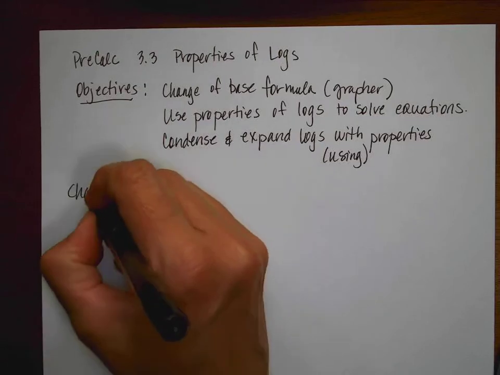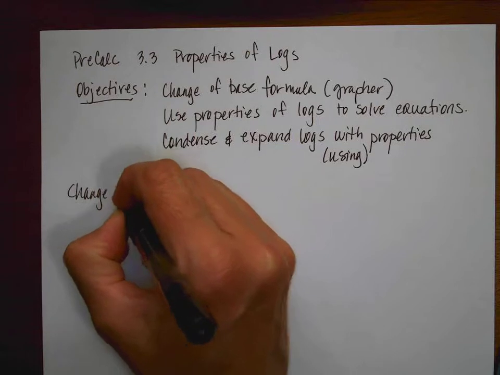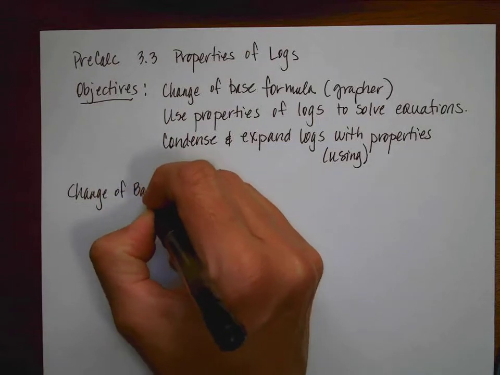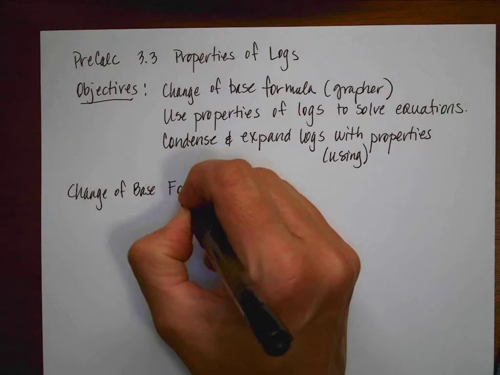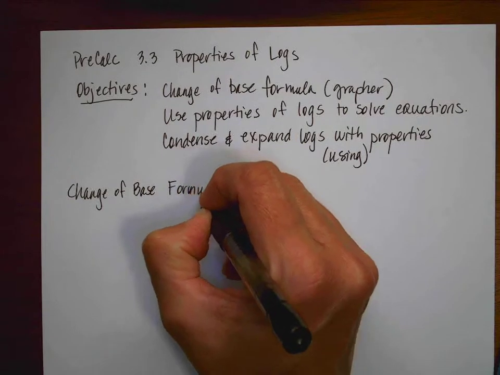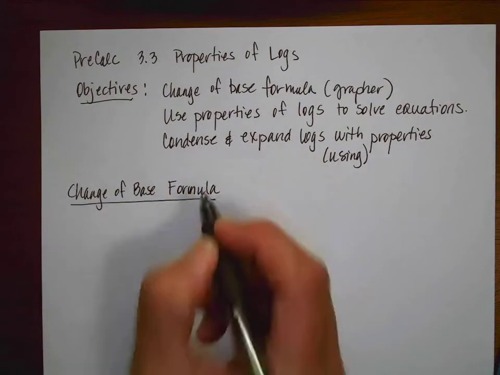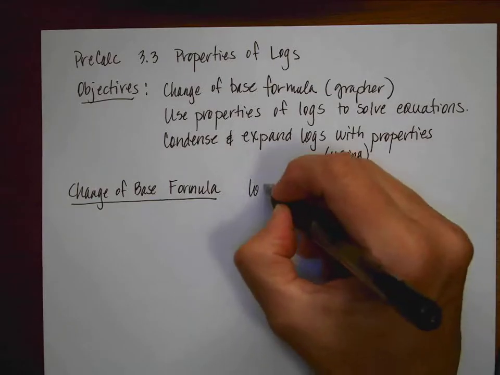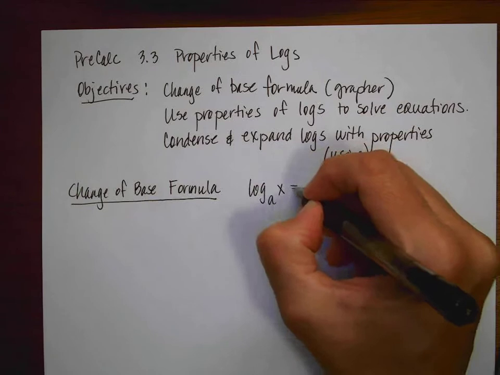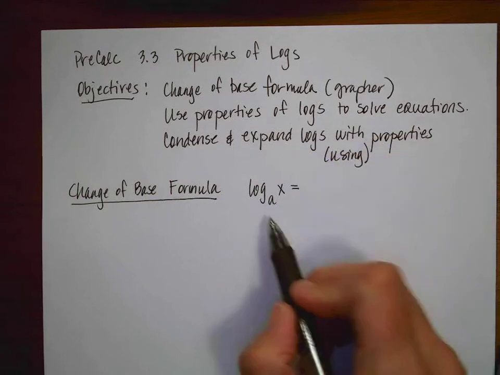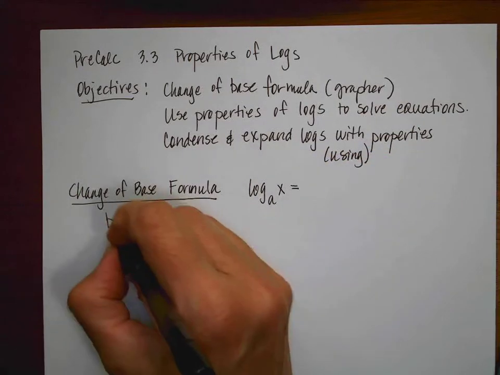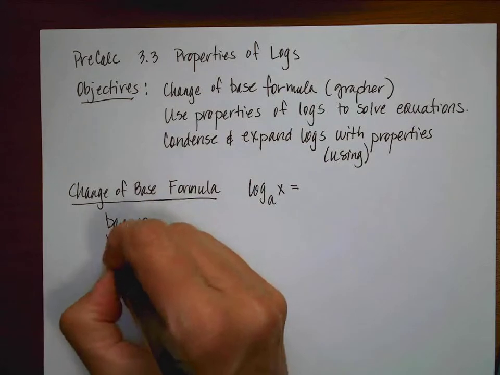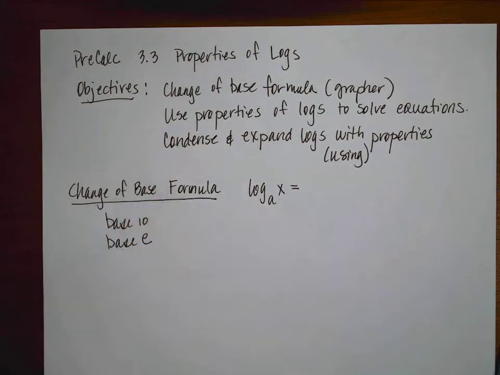When calculators were older and they didn't have as many cool buttons as they do today, we used a handy thing called a change of base formula. That said the log base a of x is equal to... our calculator has base 10 and base e.